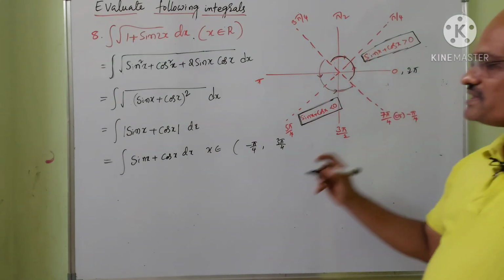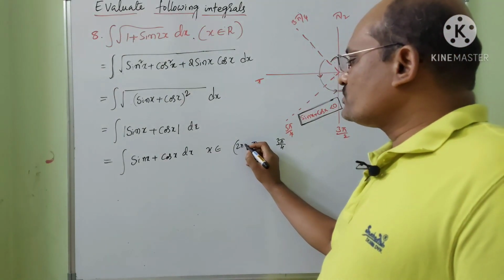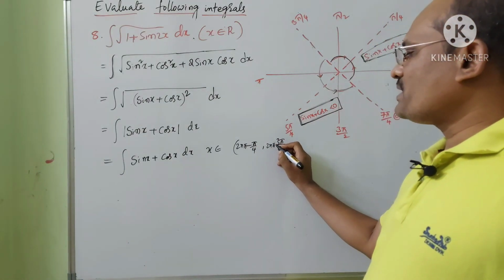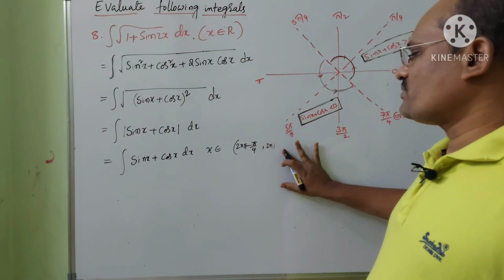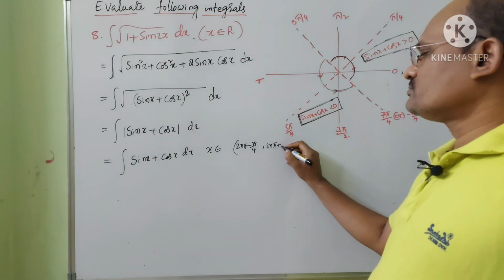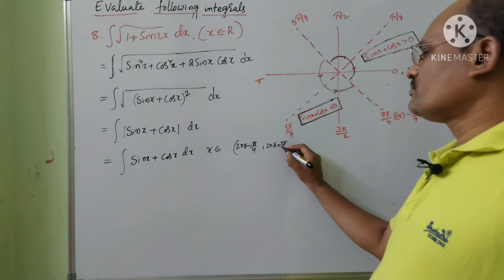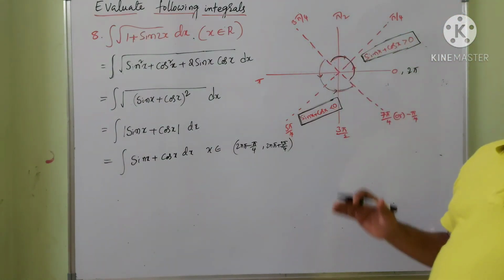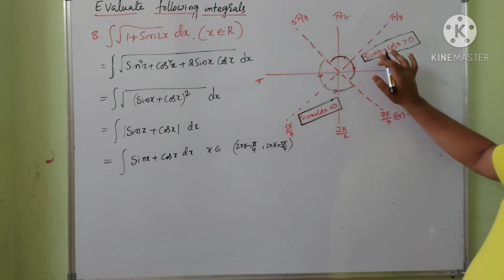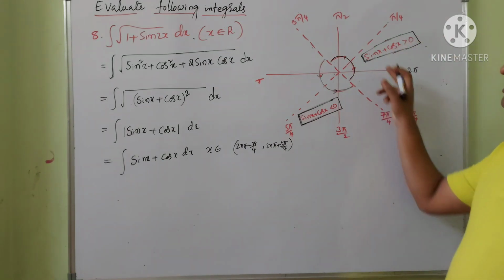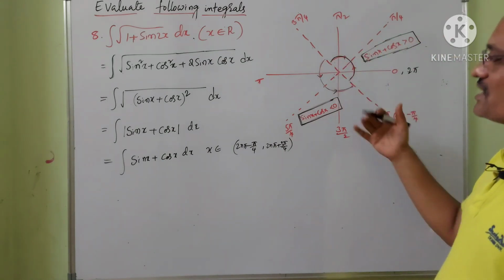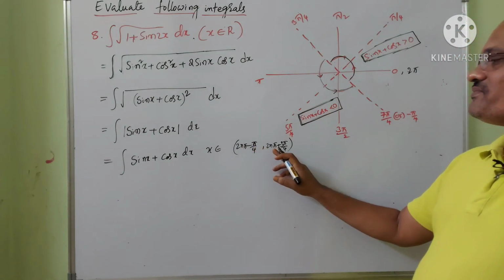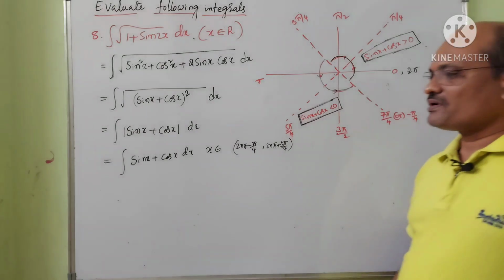For n rounds, it can be written as 2n pi minus pi by 4 comma 2n pi plus 3 pi by 4. From minus pi by 4 to 3 pi by 4, in this interval sin x plus cos x is positive for one round.